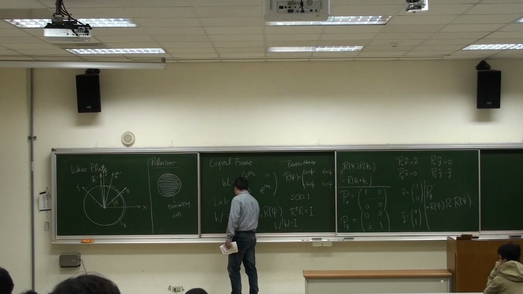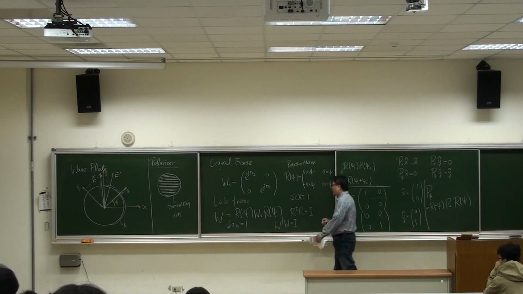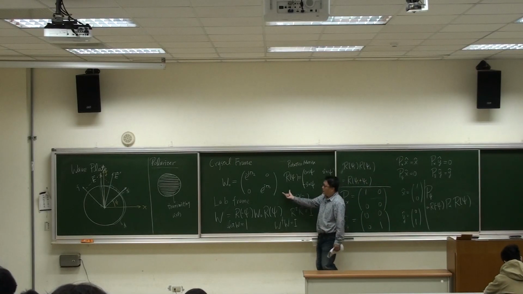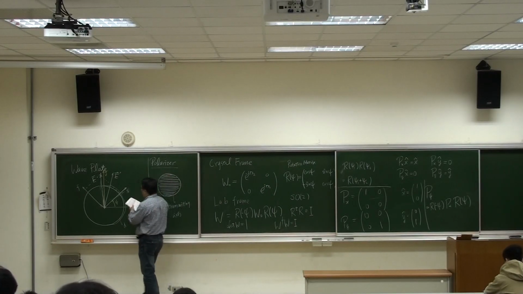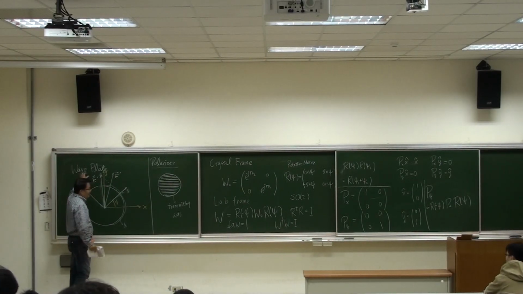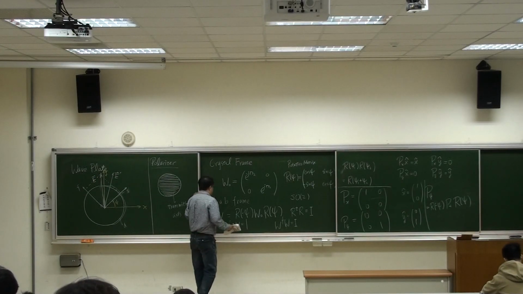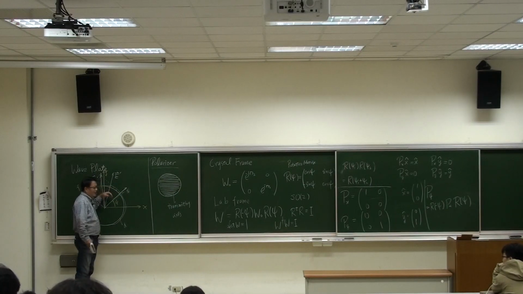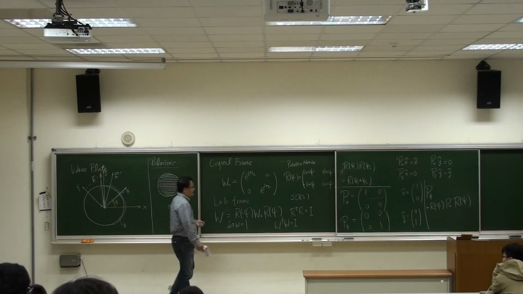Determinant W is equal to 1. Okay. That's because physically an ideal wave plate can change the polarization state of the incident light, but it will not absorb or reflect any part of the incident light.